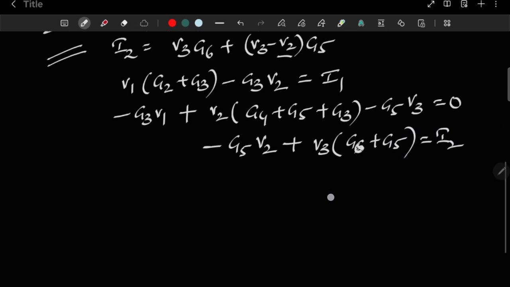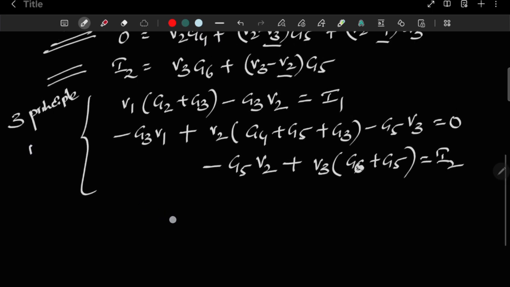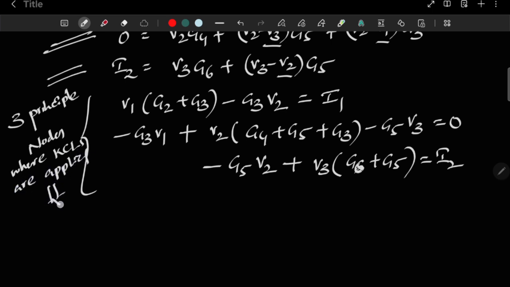Because we have three principal nodes, how to understand these equations? Three principal nodes we have, actually four. I'm leaving out the ground because we did not apply KCL at the ground. Three principal nodes where KCLs are applied, leading to three equations.